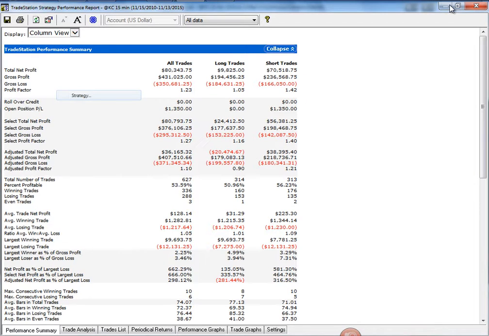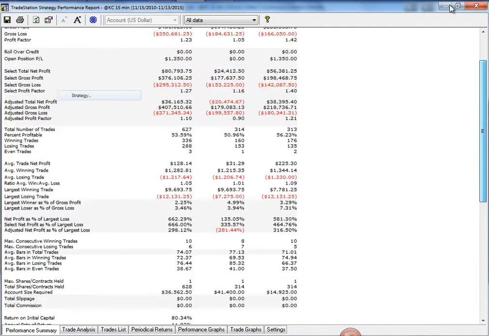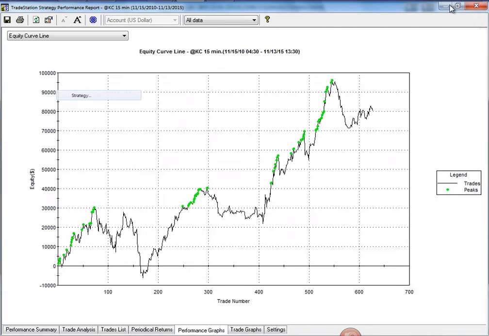Okay, we make $80,000, $128 a trade. Drawdown is $37,000. Equity curve is a little rough.